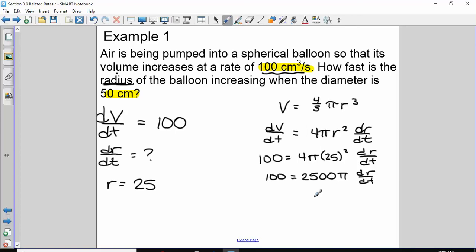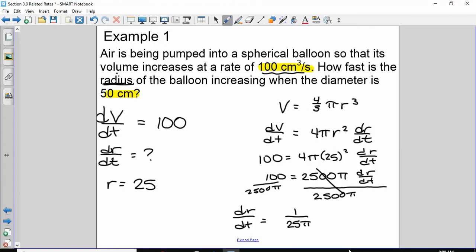What do I need to do to get dr/dt by itself? Divide by the 2500 pi. So my dr/dt equals 1 over 25 pi.